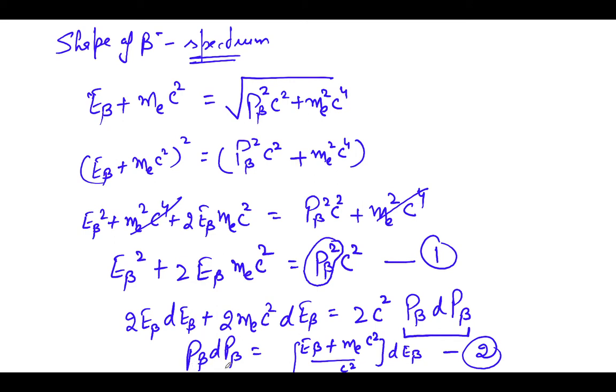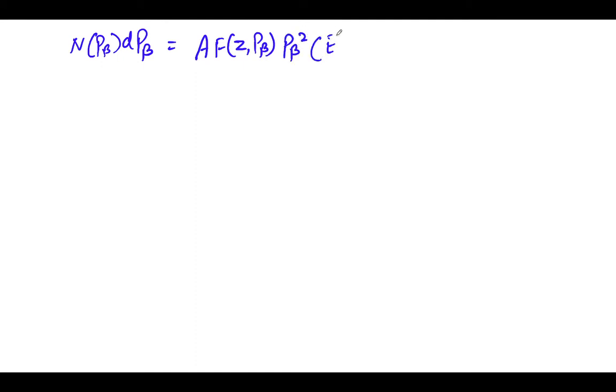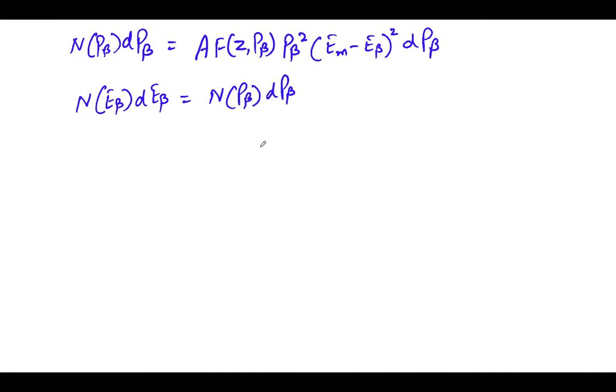So what we get is p_β dp_β. Putting these two equations in N(p_β) dp_β, this is equal to A into F(Z, p_β), that is the Fermi function, p_β² (E_m − E_β)² dp_β. So we can write this momentum equation in terms of energy, N(E_β) dE_β, that is equal to N(p_β) p_β dp_β over c².